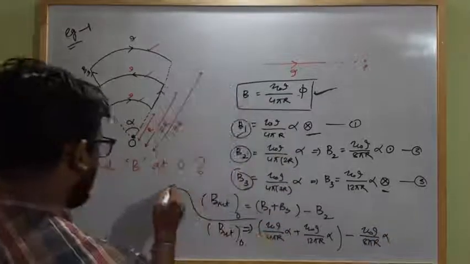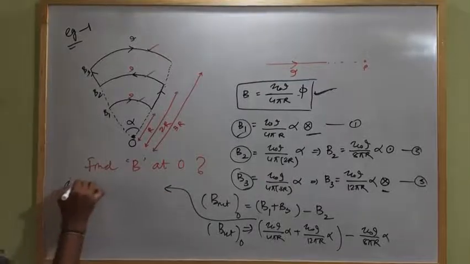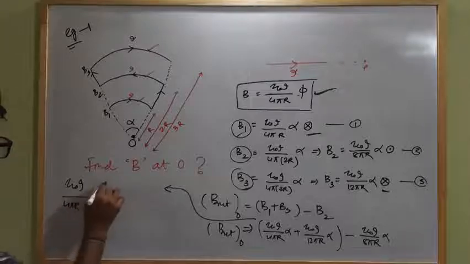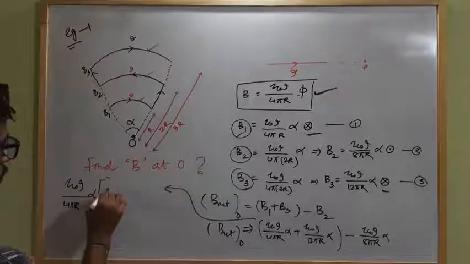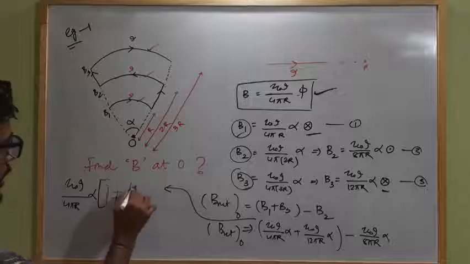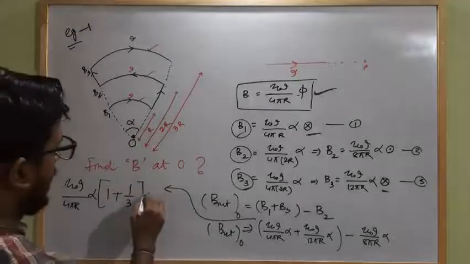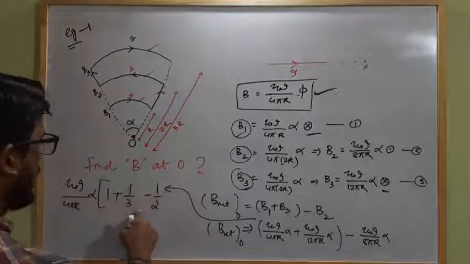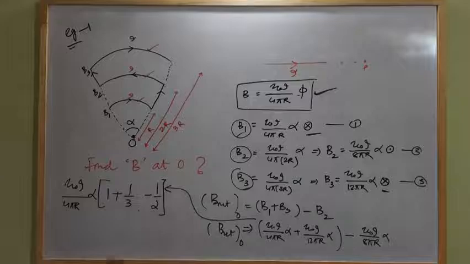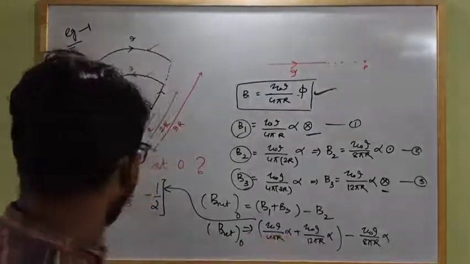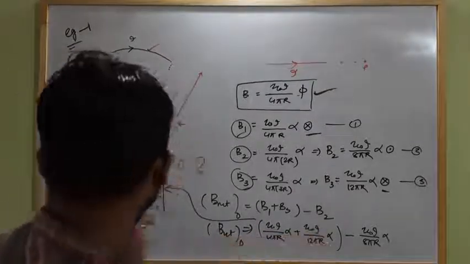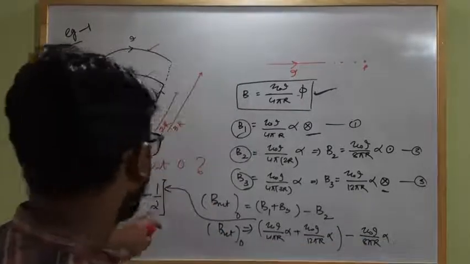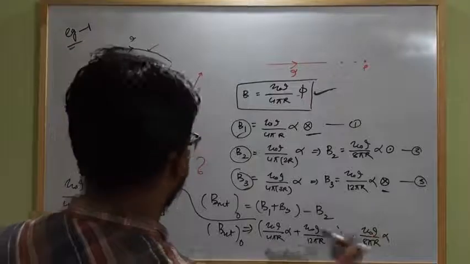So by rearranging this, we will get mu naught I divided by 4 pi r alpha into 1 plus 1 by 3 minus 1 by 2. Clear? Mu naught I by 4 pi r alpha taking common, it will become 1, it will become 1 by 3, because 4 pi r into 3 equals 12 pi r, and it will become mu naught I by 2 pi r. So if 4 pi r is taken common, it will become like this.